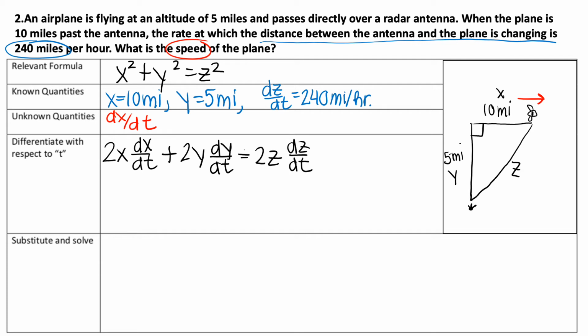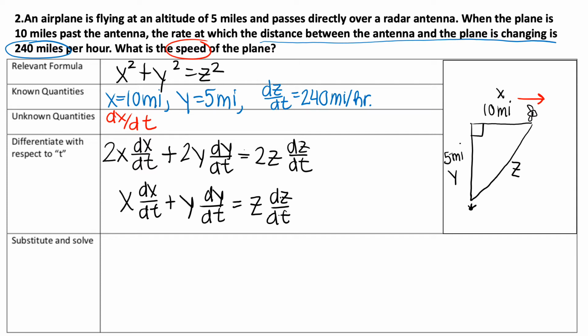Hopefully you recognize from the last problem that we can actually cancel all of those 2's out by factoring and dividing, so we can simplify this to be x dx/dt plus y dy/dt equals z dz/dt.